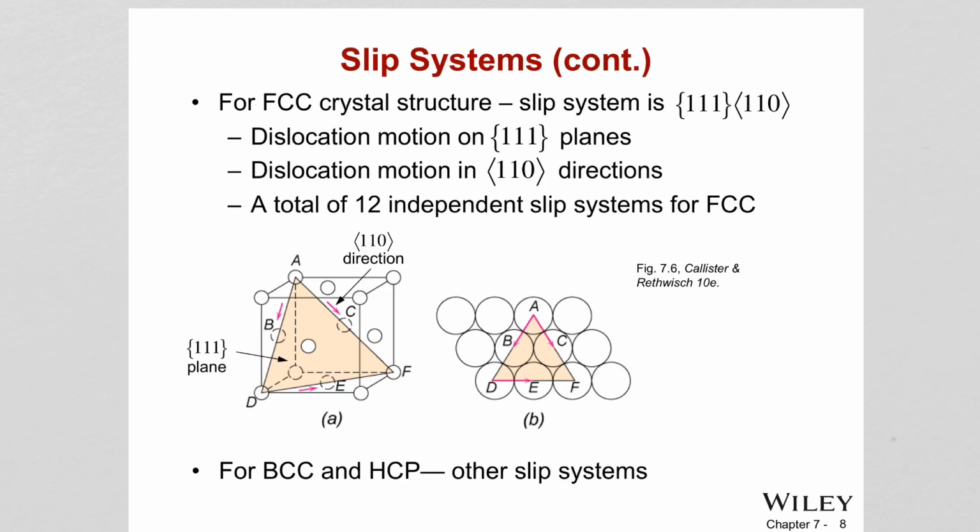So now if we look individually at the crystal structures and the slip systems in those, let's start with FCC. We remember the unit cell of a face-centered cubic crystal structure, right?